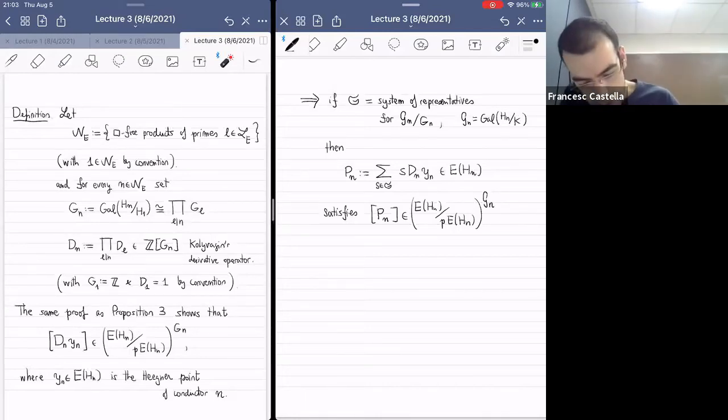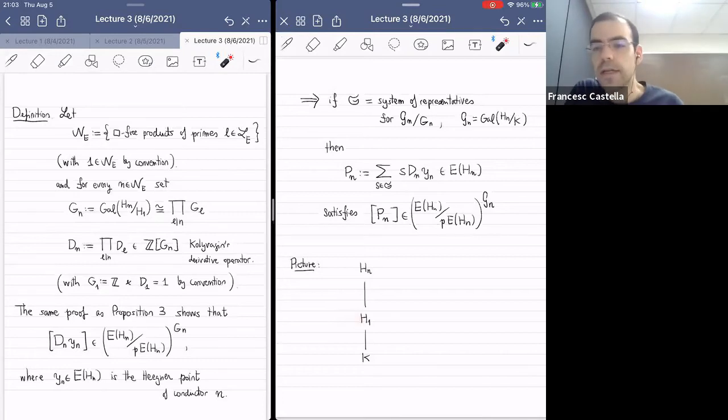Okay, so let me write this picture, because these Galois groups will appear over and over. The little picture we have is that we have this Hn, this H1, and this K. Okay, so this is nothing but the Hilbert class field, the ring class field of conductor 1.